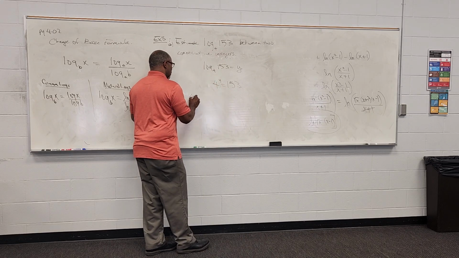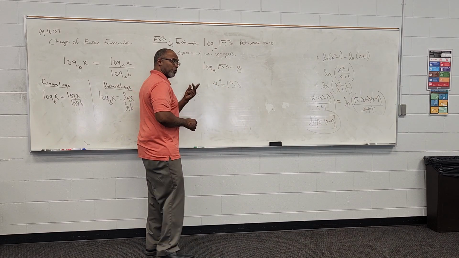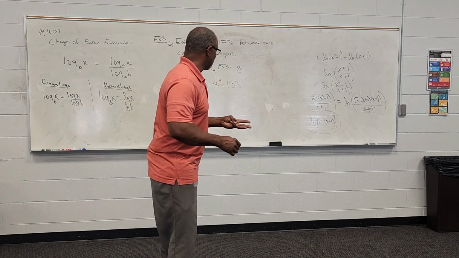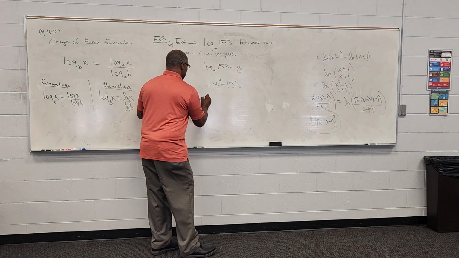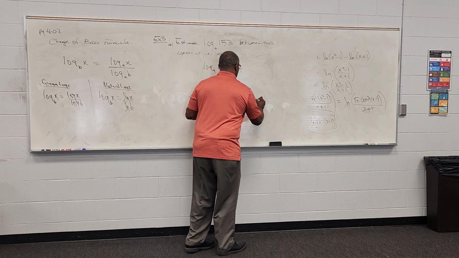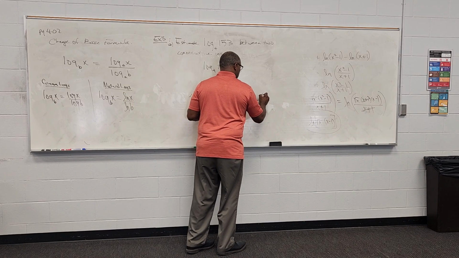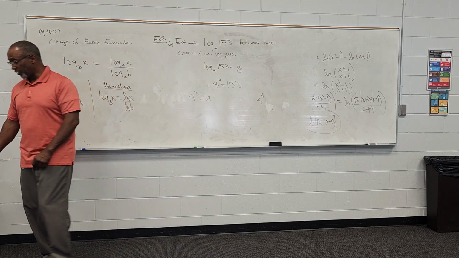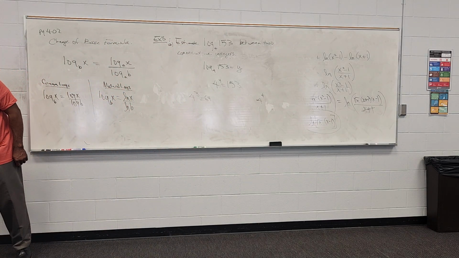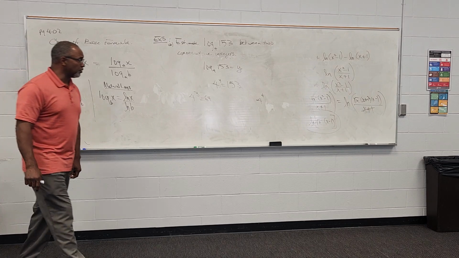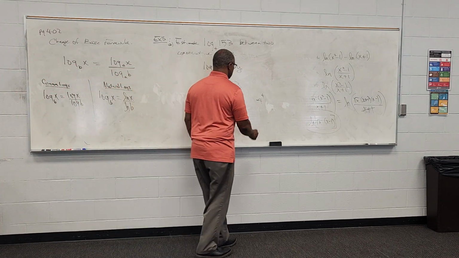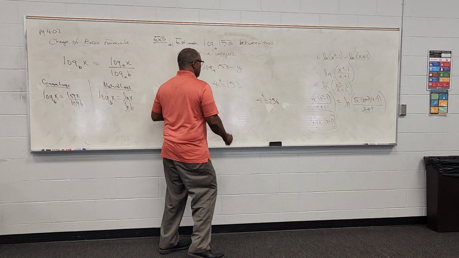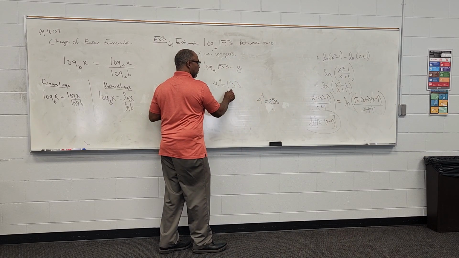Well, we know that 4 cubed, 4 times 4 is 16, 16 times 4 is 64. And on the other side of the coin, 4 to the 4th, 64 times 4, take your calculator, is 256. So again, 4 to some power equals 153.